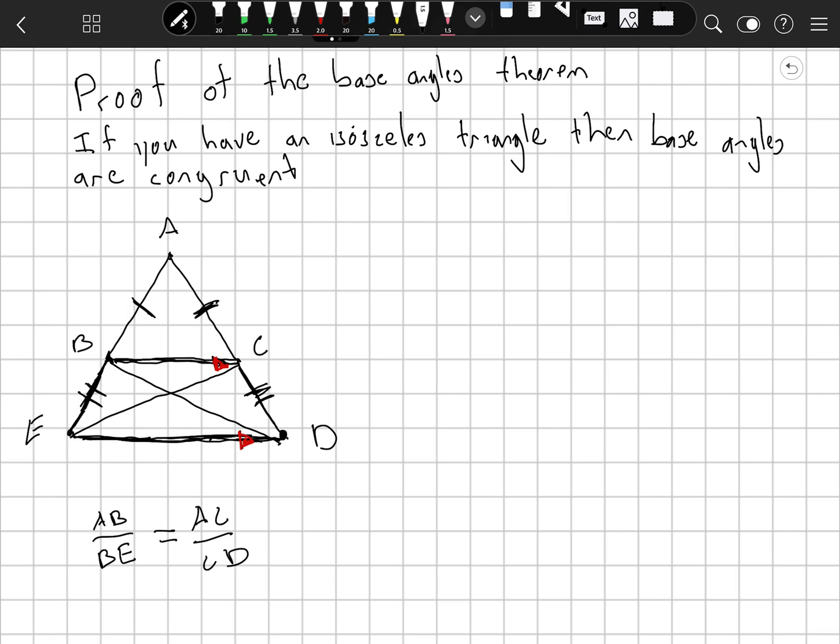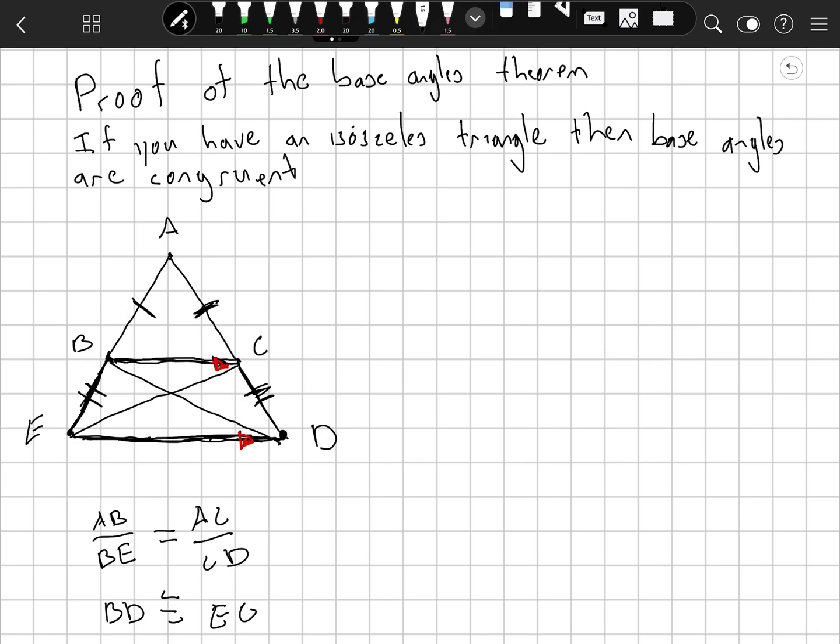And if you know it's an isosceles trapezoid, then one of the properties of an isosceles trapezoid is that those diagonals are going to be congruent to each other. So BD is going to be congruent to CE because you have an isosceles trapezoid. I'm just going to write that one down here. BD is going to be congruent to EC.